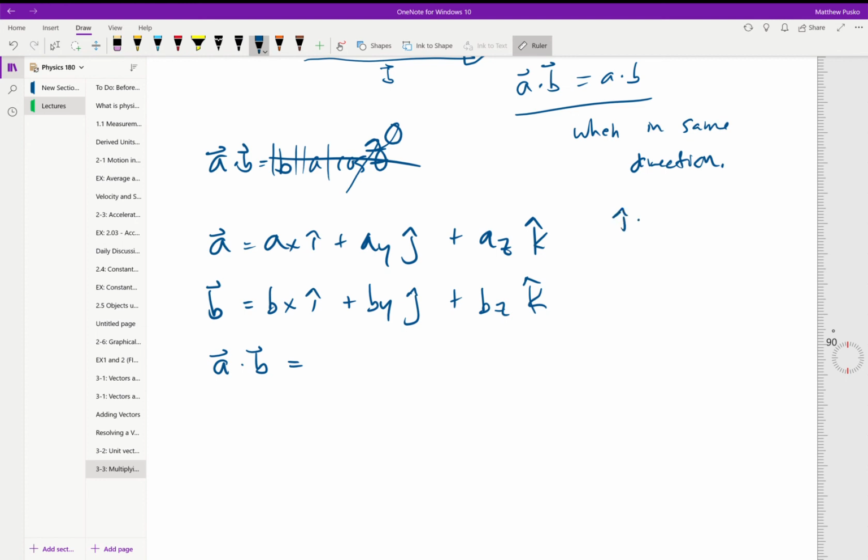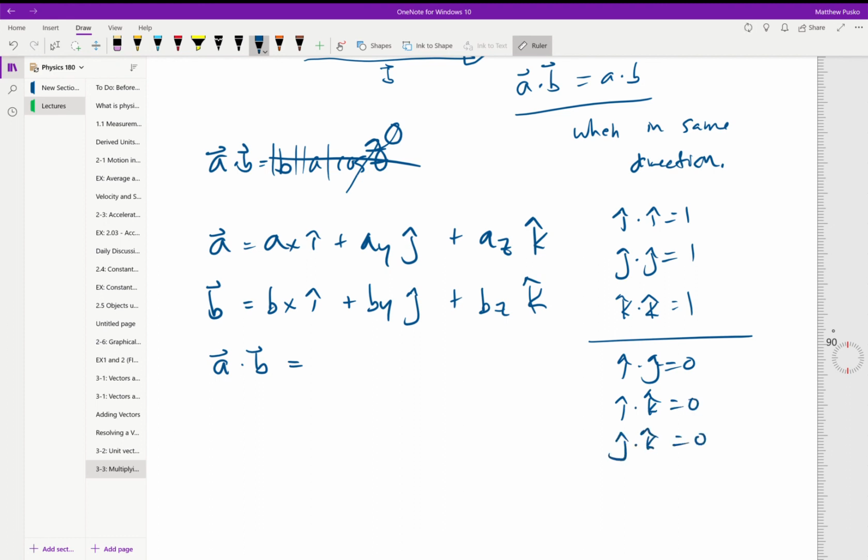That means that I dotted into I gives us 1. J dotted into J also gives us 1. And K dotted into K also gives us 1. Anything else gives us 0. I dotted into J is equal to 0, I dotted into K is equal to 0, and J dotted into K, or any commutative flip-flop of that, is also 0.